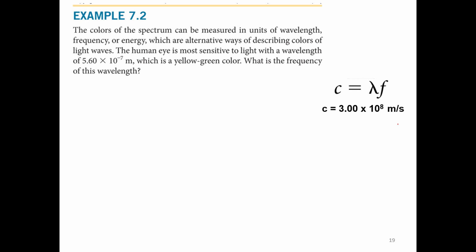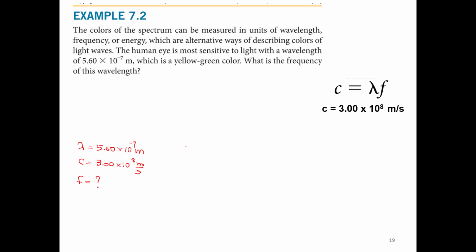We know the wavelength, 10 to the power minus 7 meter. We also know the speed of light, 3.00 times 10 to the power 8 meters per second. We want to know the frequency.